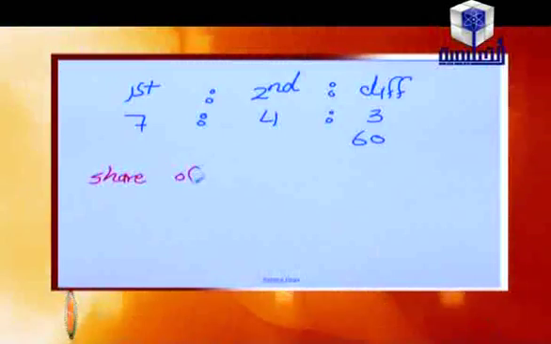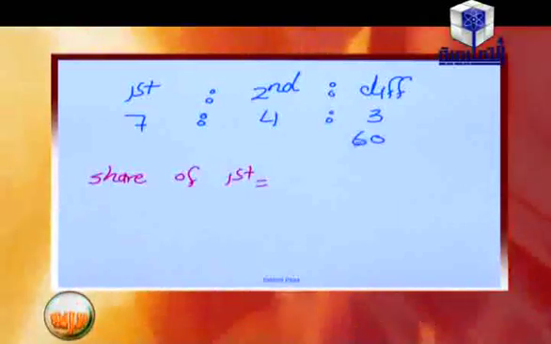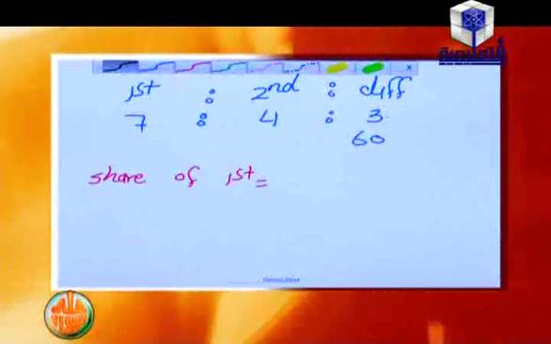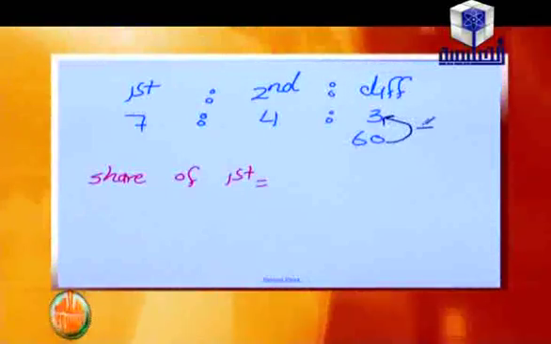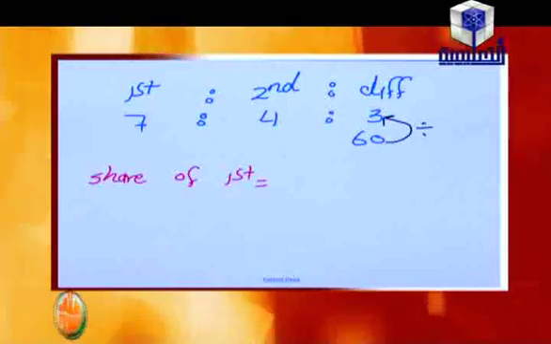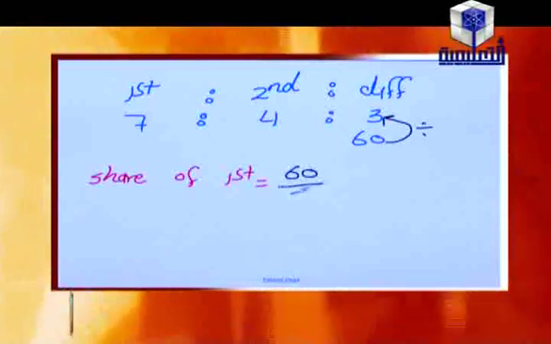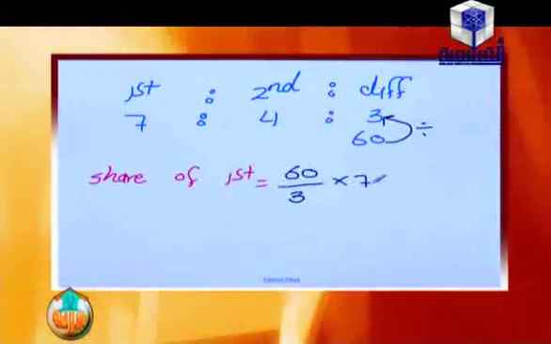We can use 60 times 7 divided by 3, or, to make it easier, we can say 60 divided by 3, and the answer is multiplied by 7.